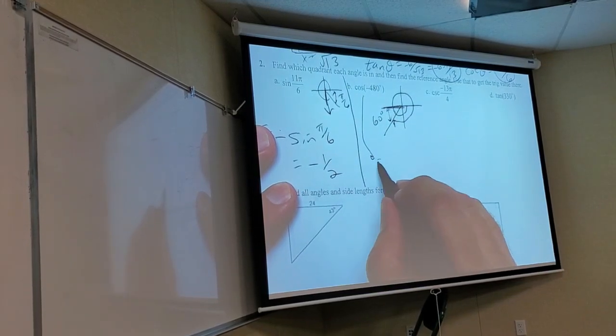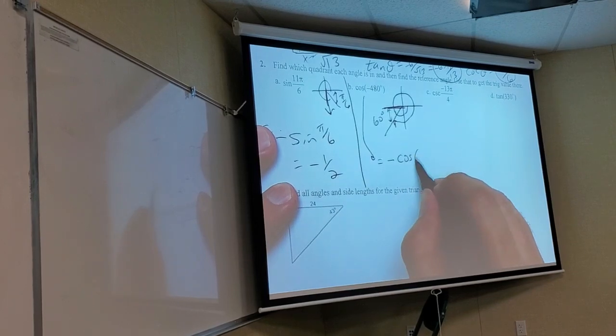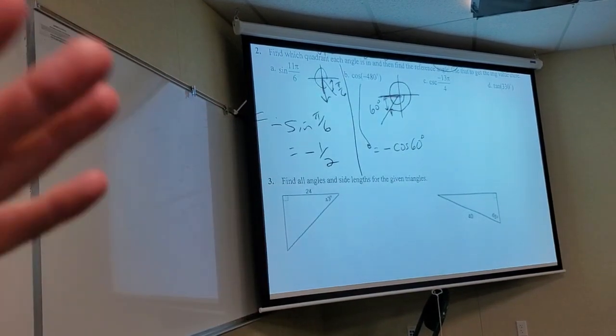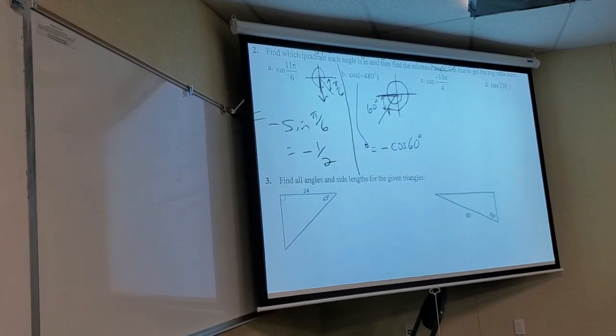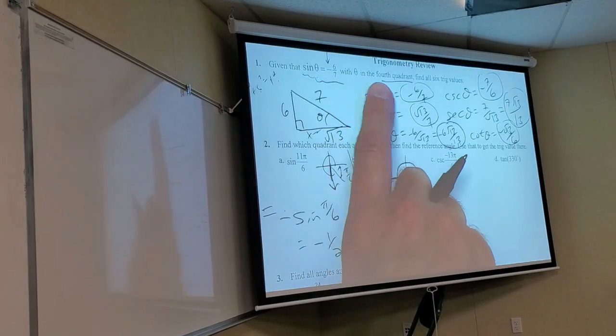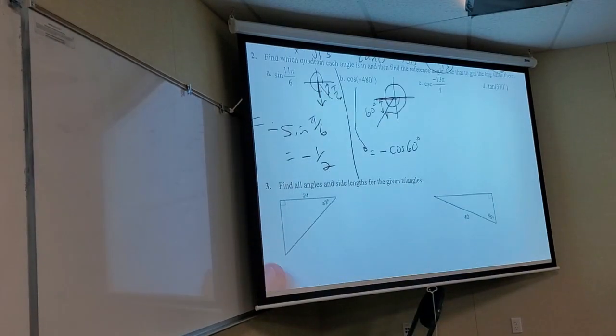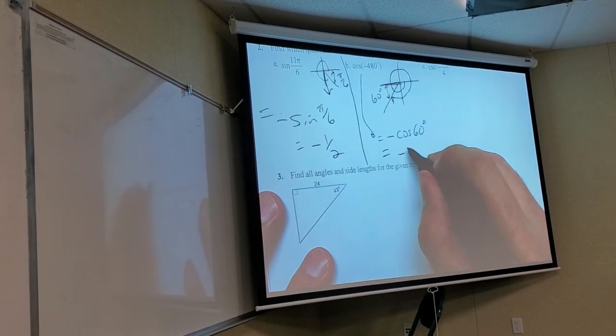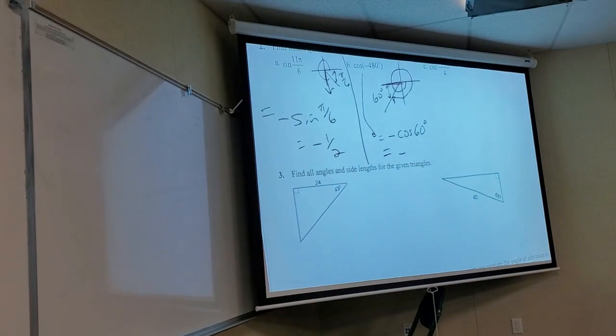Negative, so this is equal to negative cosine of 60 degrees. The reference angle tells you what the number's going to be because you have those memorized. The quadrant tells you what the sign's going to be, just like this one did. What's cosine of 60? Cosine likes x. 60 is far away from x. It's minus a half.